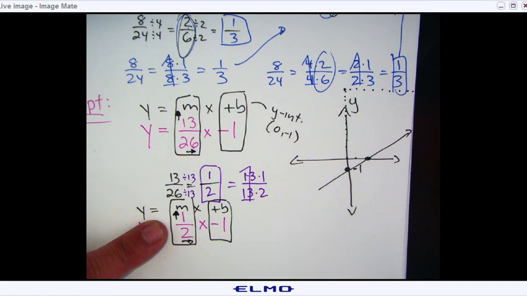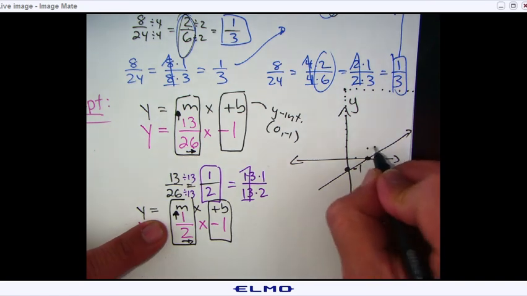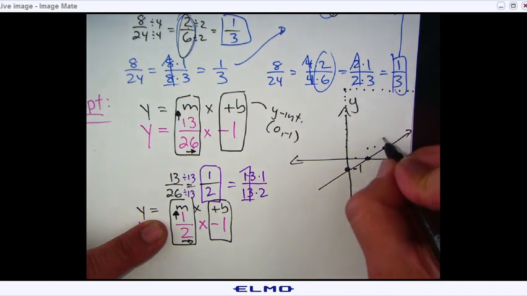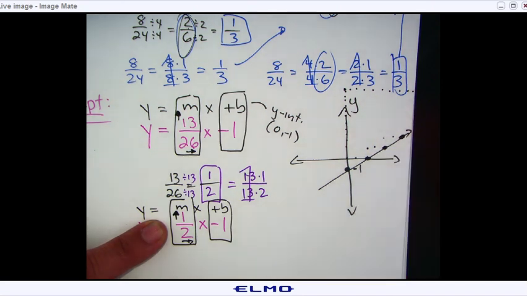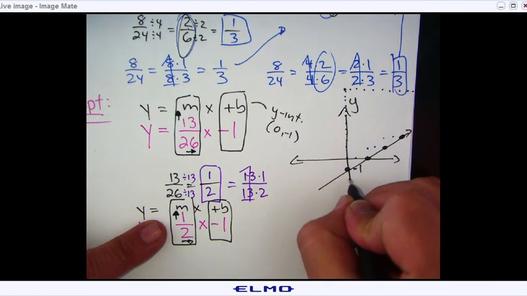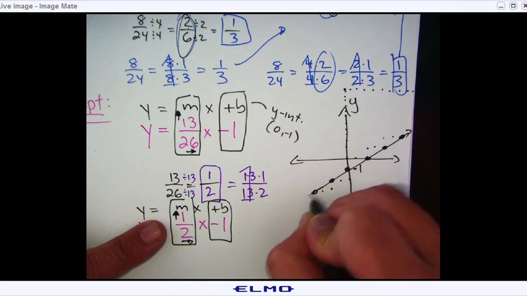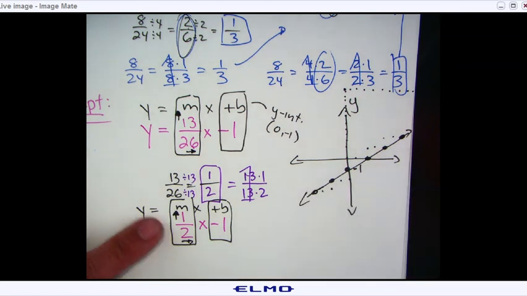See how it hits the line? The dots, the coordinates are on the line. Now let's go backwards. Negative 1, negative 2. See how it hits the line? So these equations are equivalent.